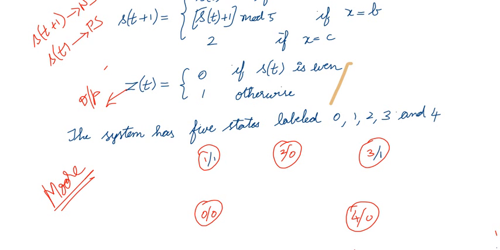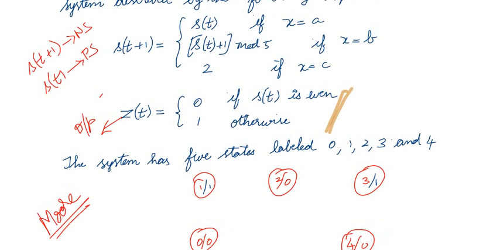This part has been done. Okay. Now we are going to implement the relation between the next state and the present state based on the inputs. When the input is A, what is the meaning? S of t plus 1, that is the next state, is same as the present state. Next state is same as the present state when the input is A. Right? So think about it.